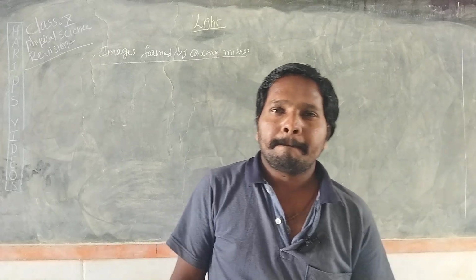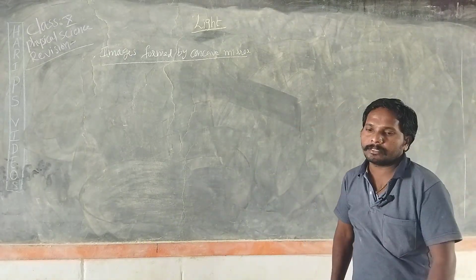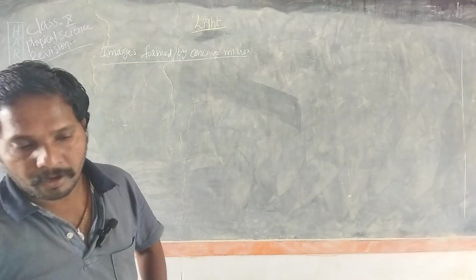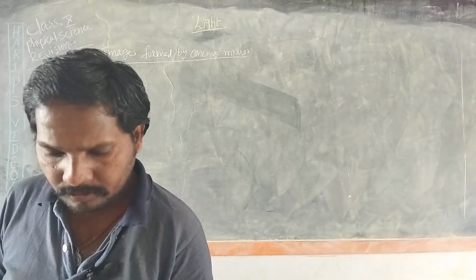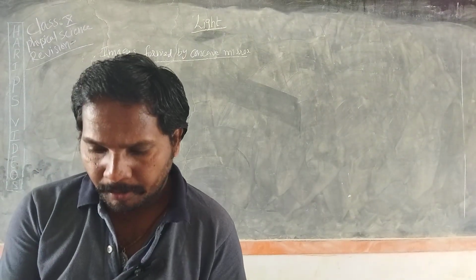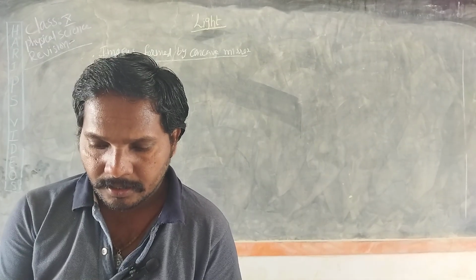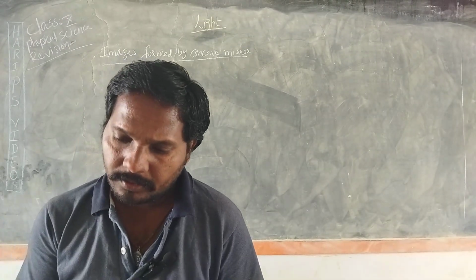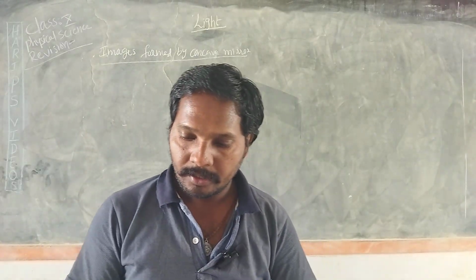Better, okay, let us know first the rules of how the image is formed. Let us know the rule. After that, by placing the object at different places, we can discuss the images and the characteristics of images.